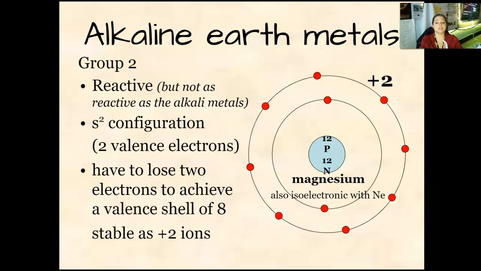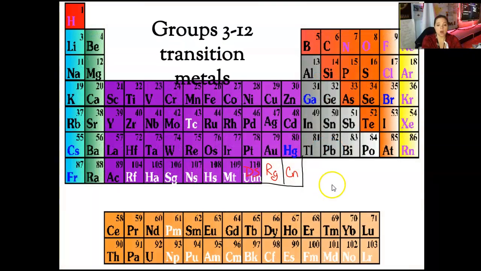And again, this one is isoelectronic. Magnesium in this case is isoelectronic with neon, because it has the energy levels of neon, but it has the characteristics of magnesium.